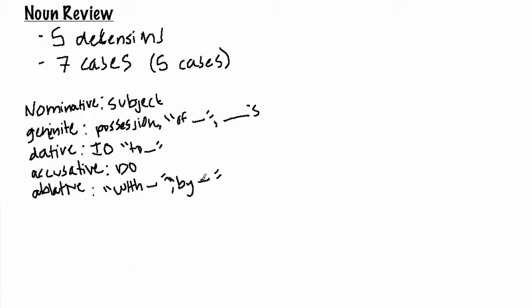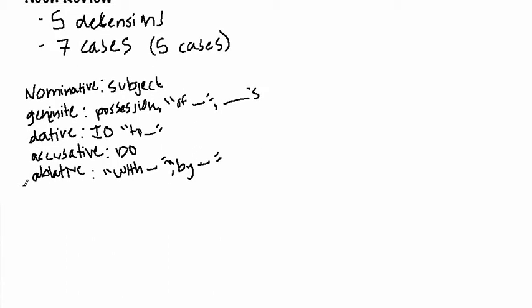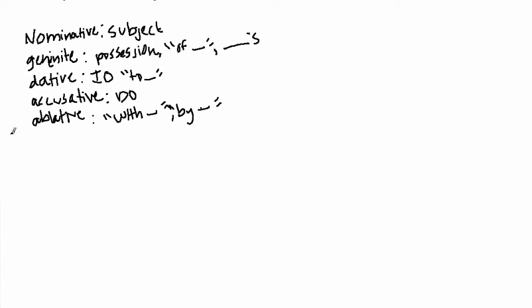Okay, so now I'll go ahead and give you a little review of dictionary entries. The dictionary entry consists of the nominative, genitive, gender, and meaning. So let me write that down. Dictionary entry.